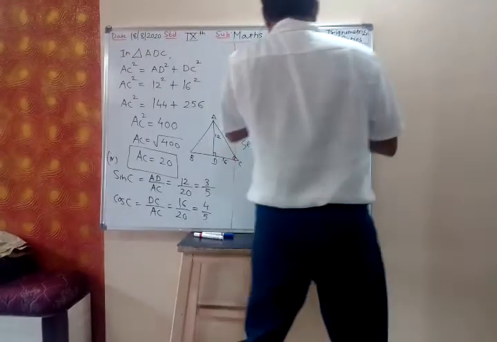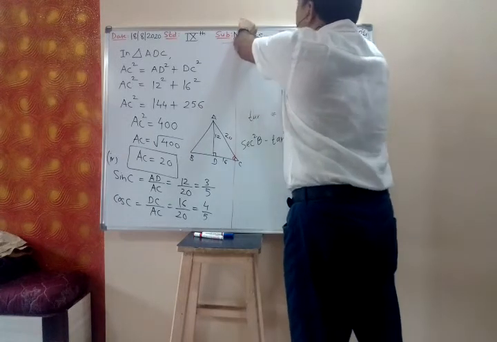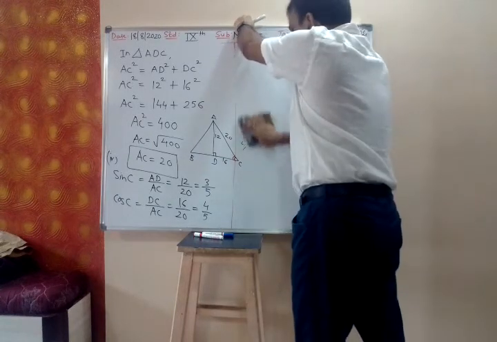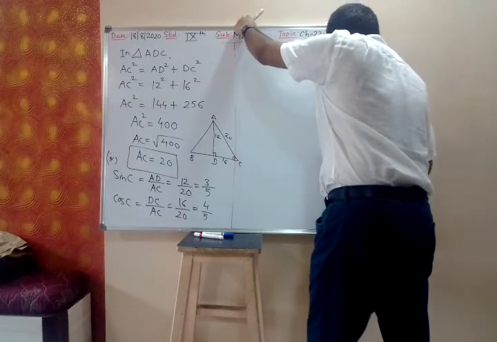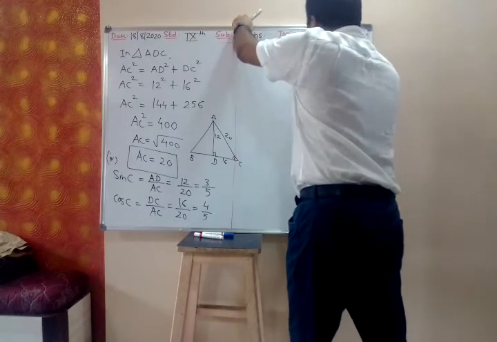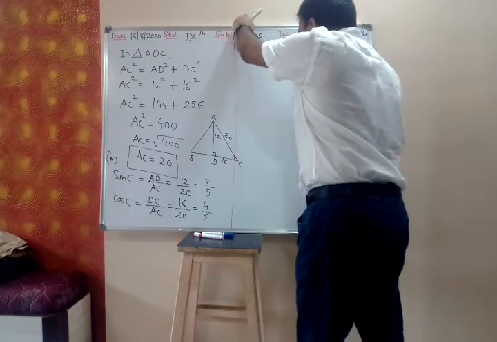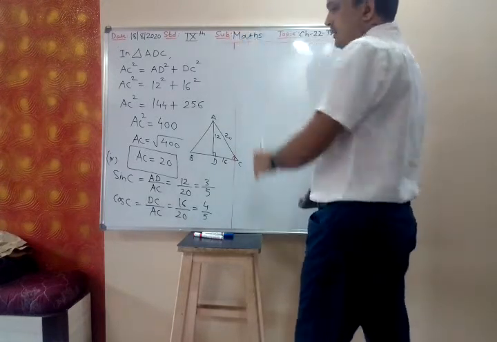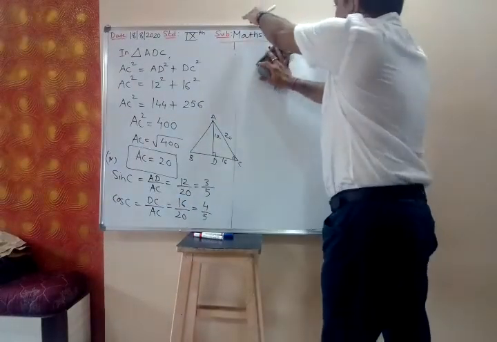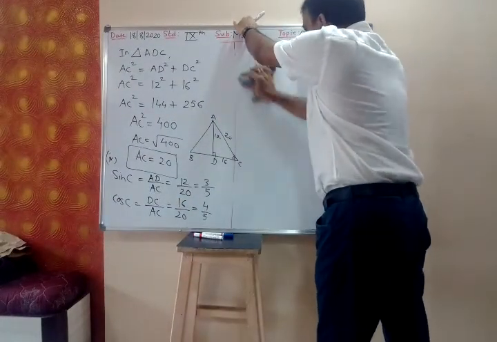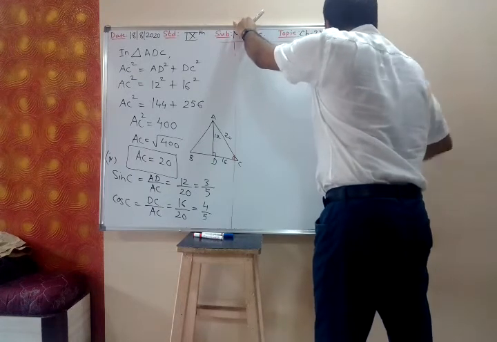Now we consider sine square C plus cos square C. Sine square C is nothing but sine C whole square. Remember, sine square C is sine C into sine C. It is not the square of the angle.